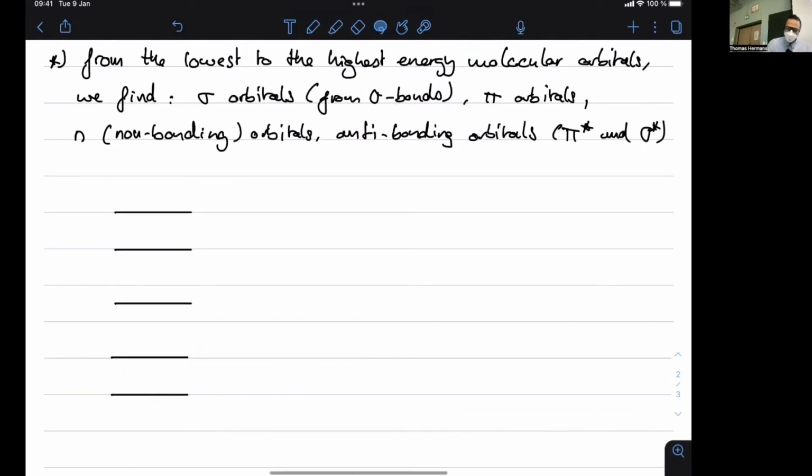Okay, so up, that would be the energy. And so I would have from the bottom, the lowest sigma orbital, pi, non-bonding, pi star, anti-bonding, sigma star.